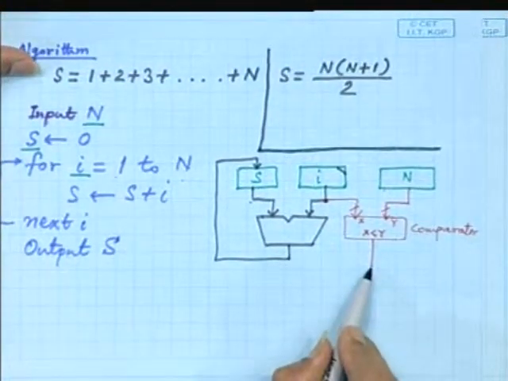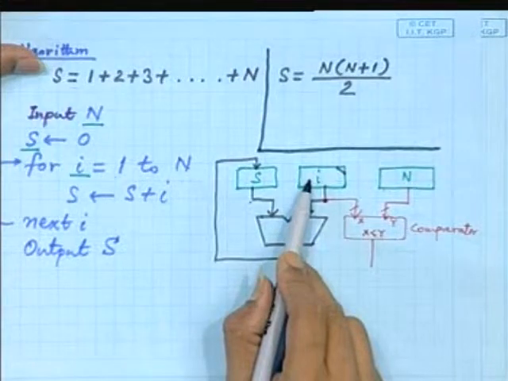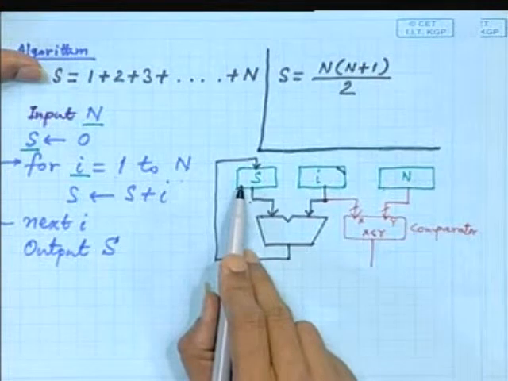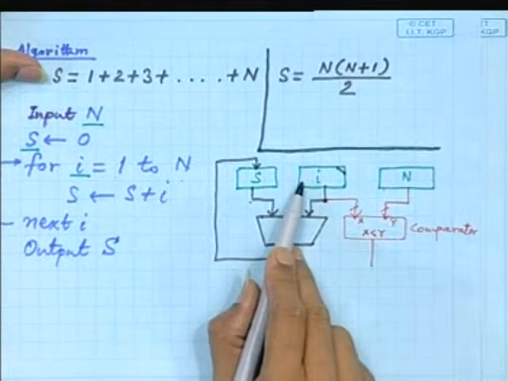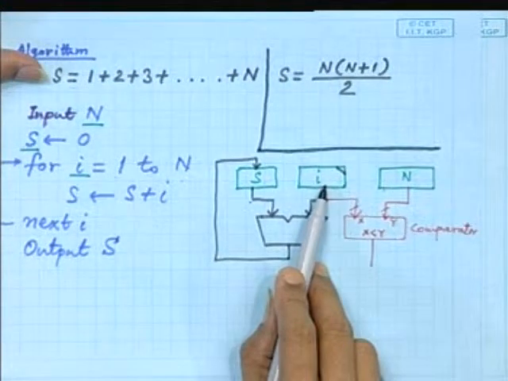Now how can we use the output of the comparator? Because at every clock cycle the counter is counting, and at every clock cycle the register is getting modified, we should run that as long as n is greater than or equal to i.